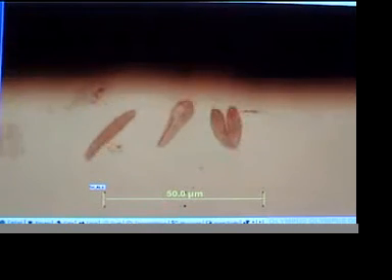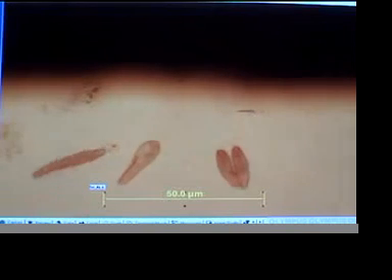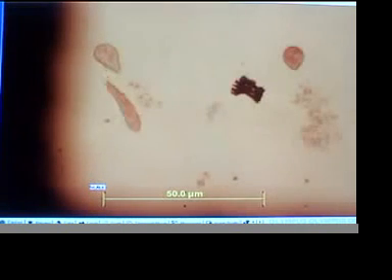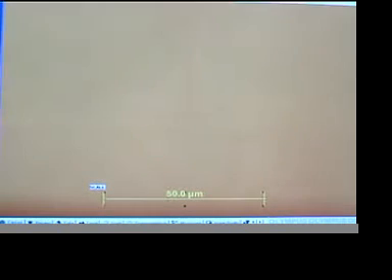Some movement. 7F. Moving. Quite a few moving. 7F. Look at that. 7G. Classic balloon shape. 7H. 7I. Let's go to 6.